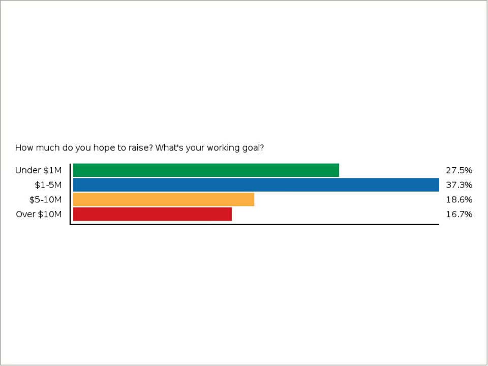Let's see quickly what we've got here. Okay, so we've got lots of goals at all sizes, but mostly under $1 million, under $5 million. We're going to give it 30 more seconds, and then we're going to keep going.